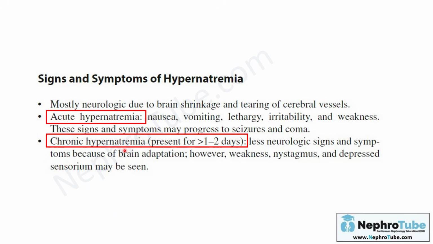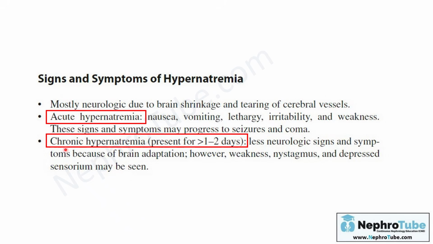But in chronic hypernatremia, where hypernatremia develops slowly or gradually over more than 1 to 2 days, the neurological signs and symptoms are less because of brain adaptation.